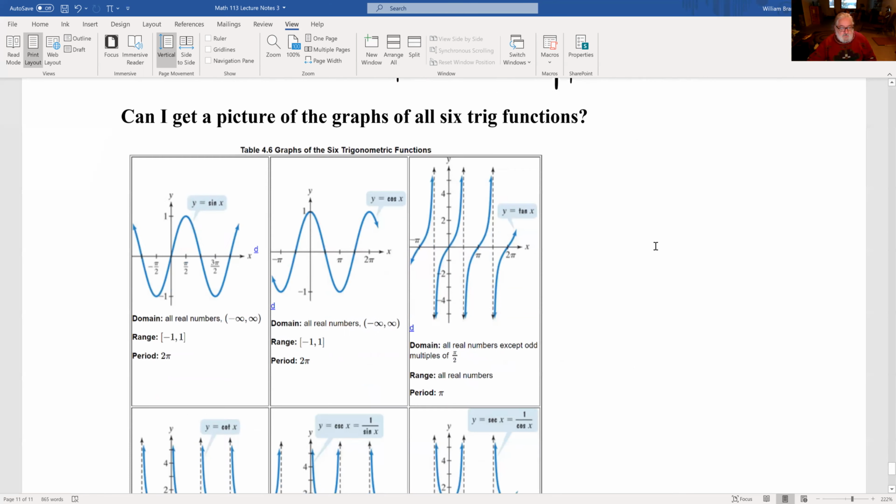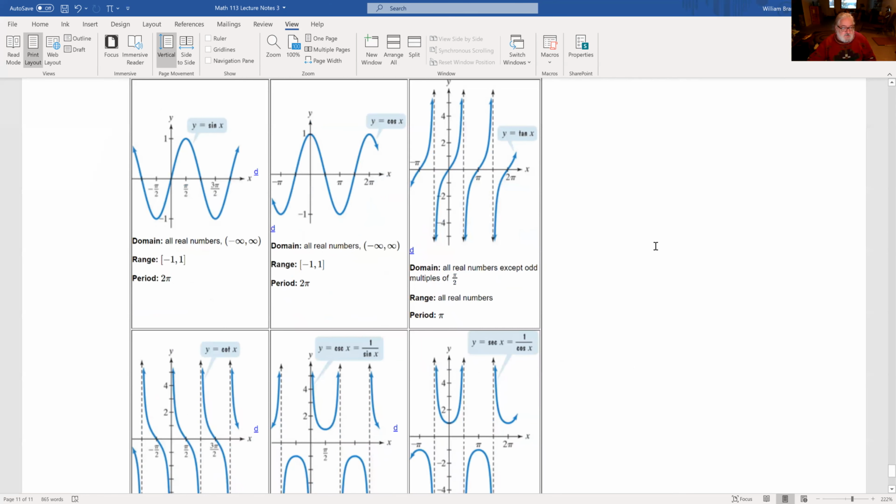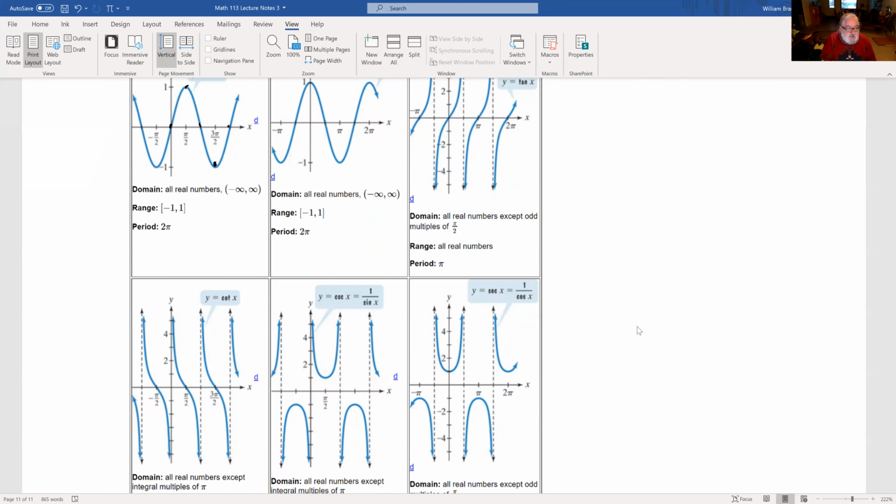And then finally at the end, we have the picture of the graphs of all 6 trig functions, sine, cosine, right? So sine is 0, positive, 0, negative, positive. Cosecant, wherever sine has got a 0, cosecant has got an asymptote. And it comes down to touch sine. Sine would look like this. So cosecant sort of flipped up and down like that.